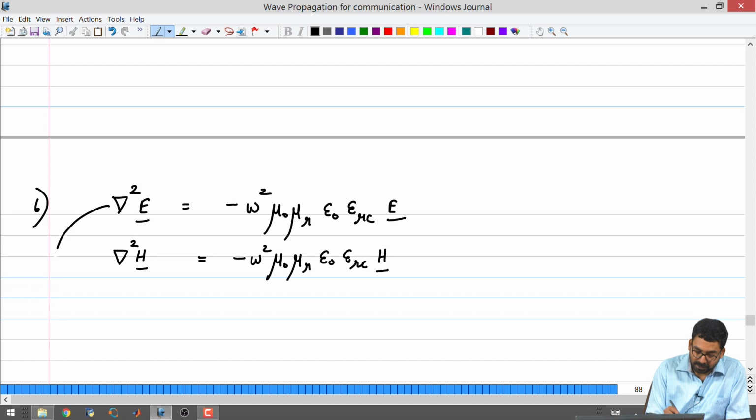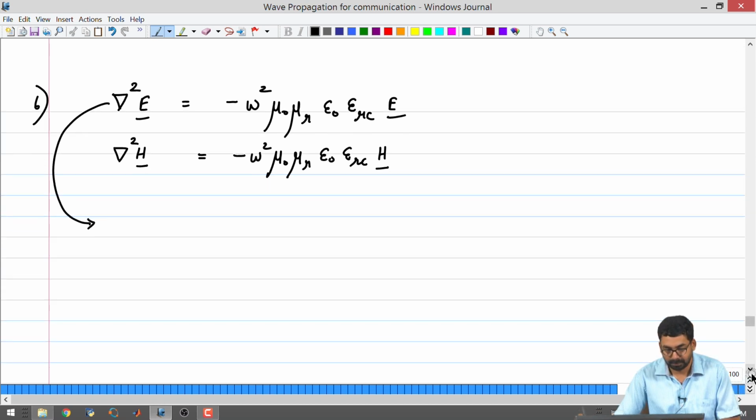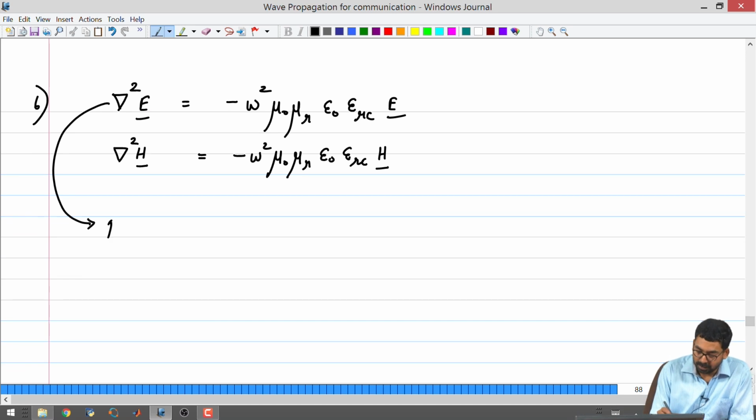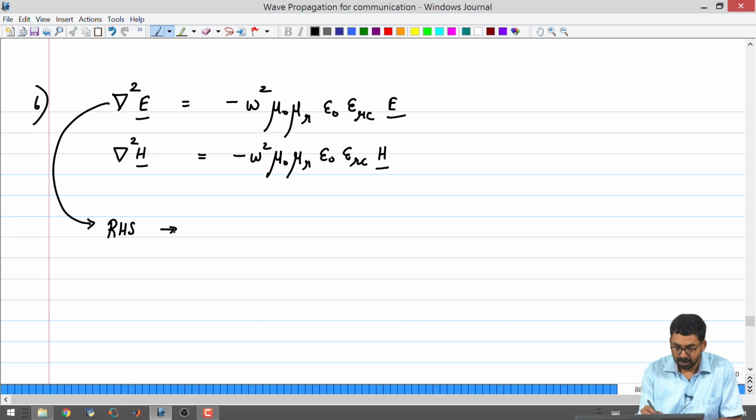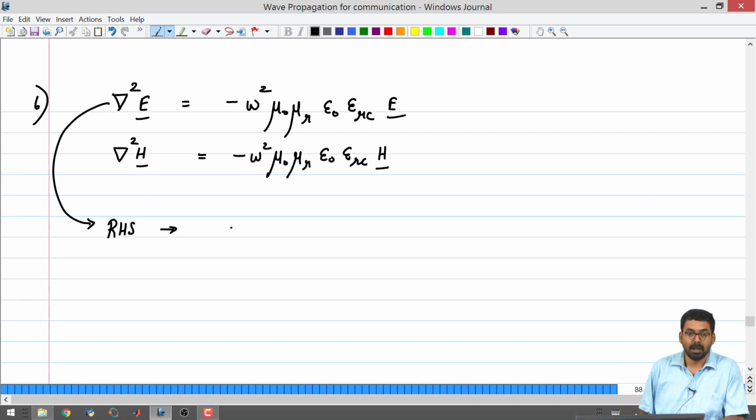Now, let us take this first equation and start looking at the right hand side. Once again, you can go ahead and substitute for epsilon rc. So, there can be a rearrangement possible on the right hand side.